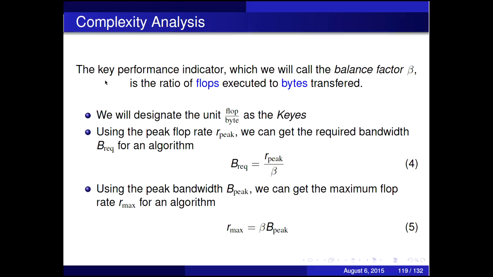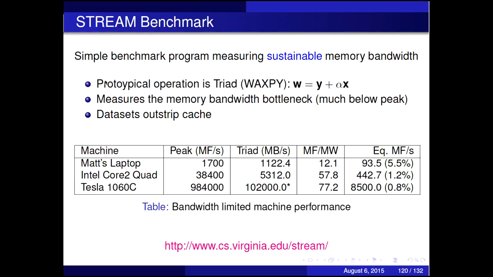So here's a couple of formulas that are useful for understanding the floating point performance that you can possibly get based on the memory bandwidth of your system. And from that, the stream benchmark is this really useful tool to tell you what kind of memory bandwidth you can actually get out of your system. And almost always for PETSc programs, the stream benchmark is the starting point for understanding what kind of performance you can get.